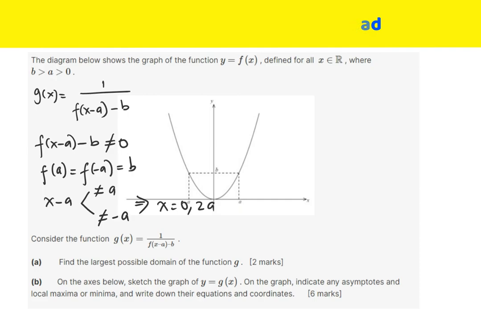Another way of looking at it. Perfect. So we got part A saying that x is not equal to 0 and 2a, but x belongs to all other real numbers. For part B, this was part A, and for part B, what did we do?